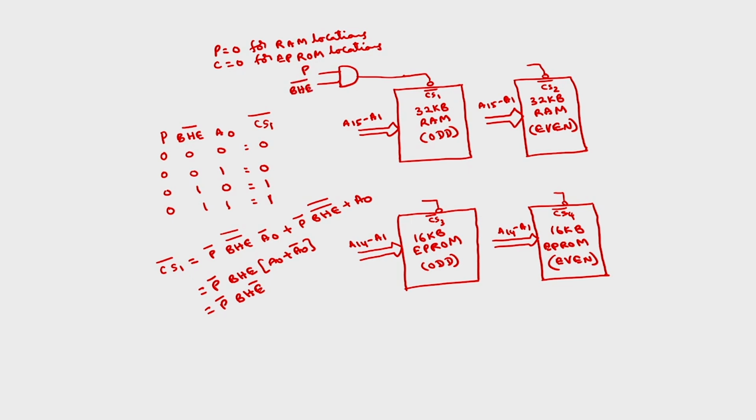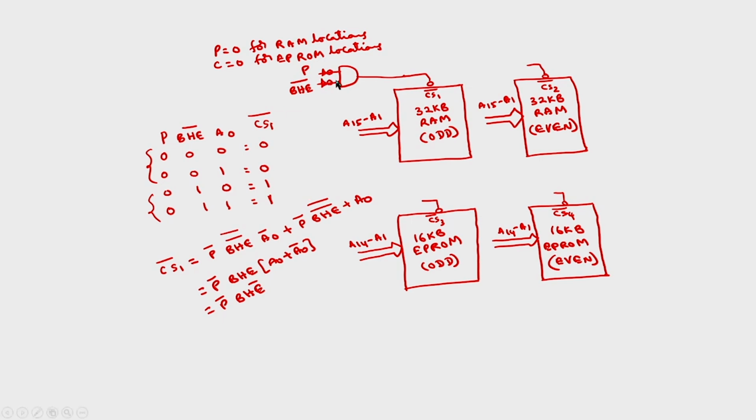You see here, in these two cases, P is 0, BHE bar is 0, so output is 0, this chip will be selected. In these two cases, this will not be selected because BHE bar is 1, P is 0, so output will be 0. So it will be selected. So you have to exclude this. So for that you have to take NAND gate, right? You have to invert here otherwise.